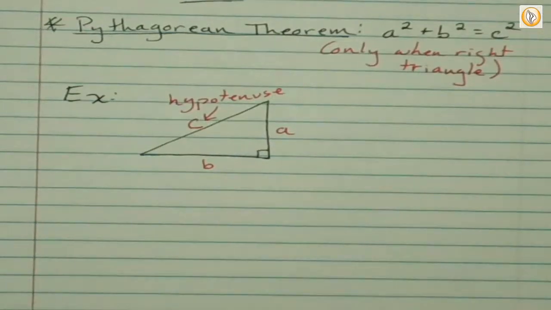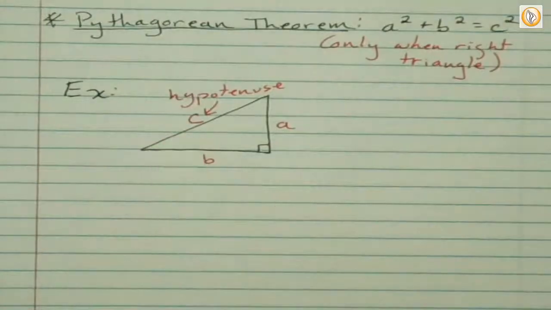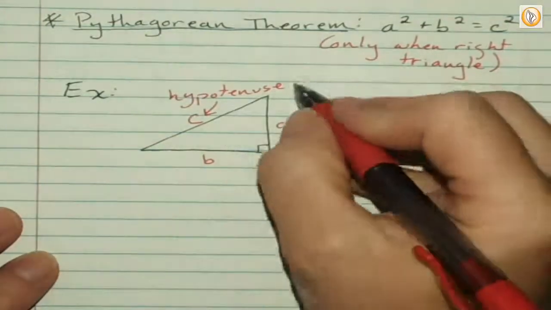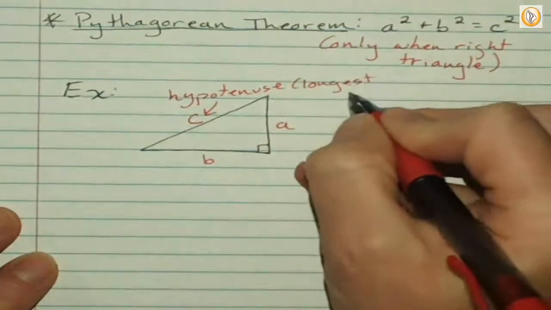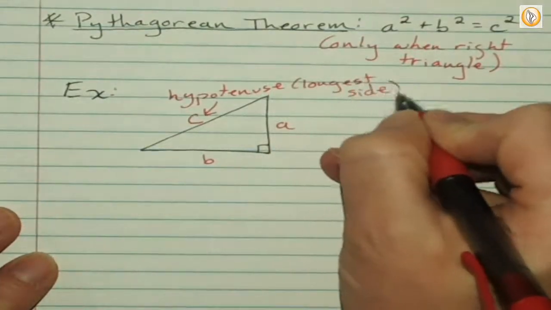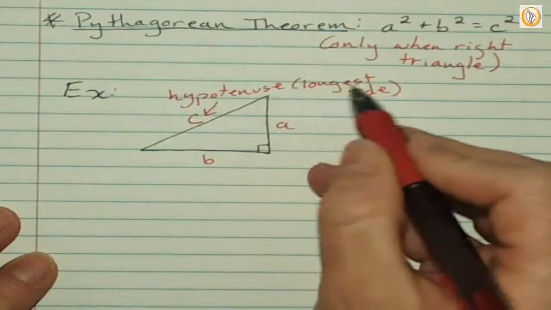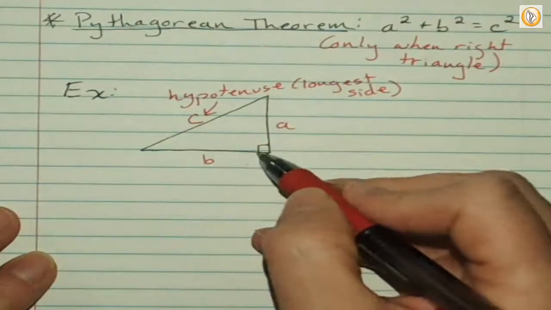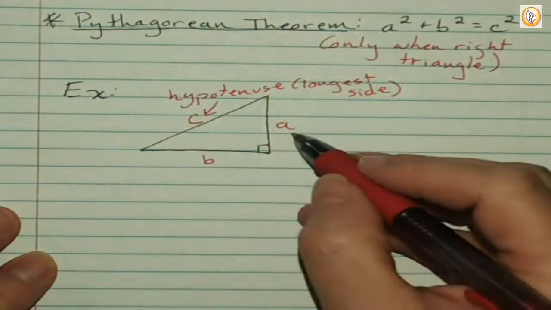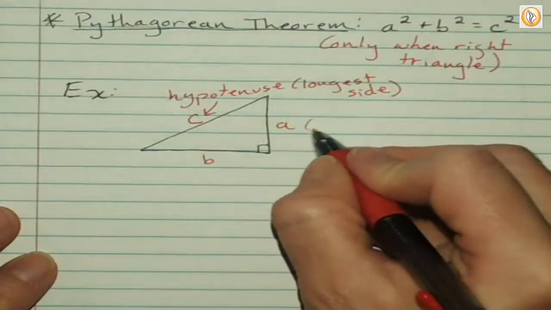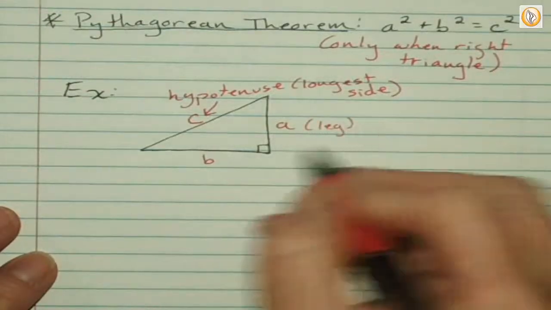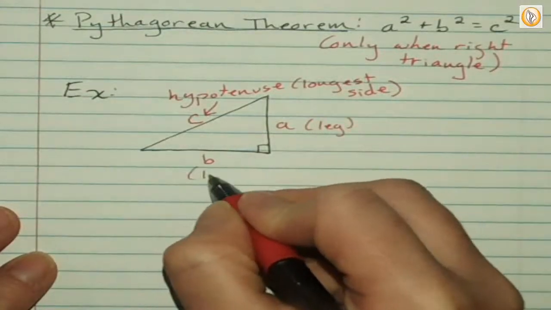And C is always the hypotenuse. It is the longest side. You need to remember that the hypotenuse is the longest side of a right triangle. A is a leg, B is a leg.